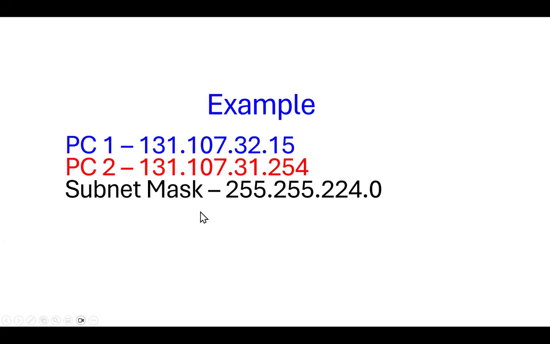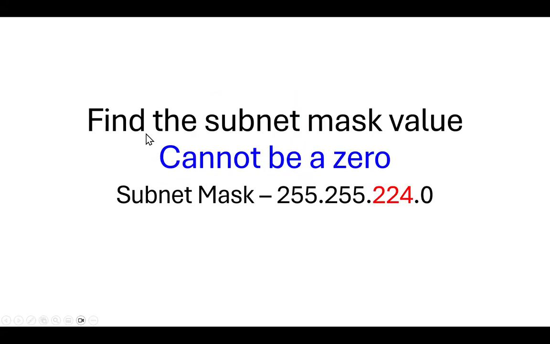So where do we start? We start by looking at the subnet mask. We find the subnet mask value that I want, and it cannot be 0. So if I go from the right-hand side, I cannot use 0. So the value I'm going to use is 224. Then I'm going to adopt the magic number.